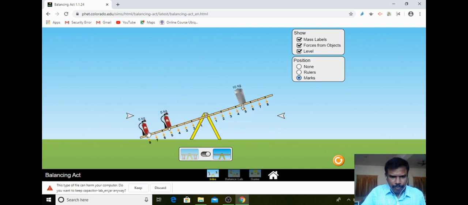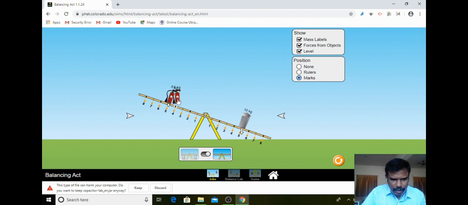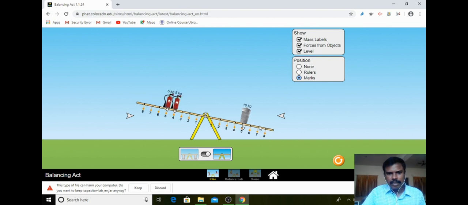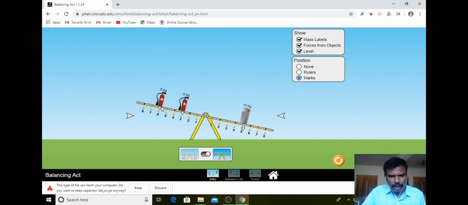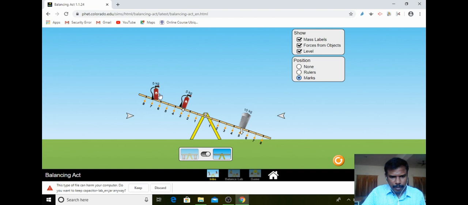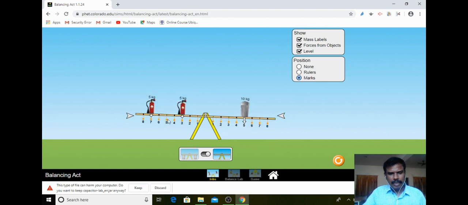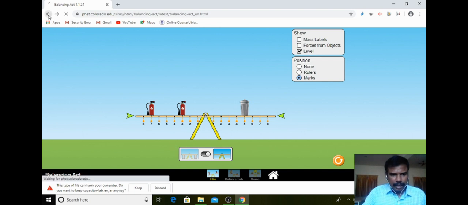No. Again, if I place it in the fourth place, is it balanced? Like that I can change where it is placed, and if I place it in the seventh place, it will balance. Like that we can change, and without the labels we can mark it. So this is the way. After that we can explain the concept to the students. And I am taking another example.